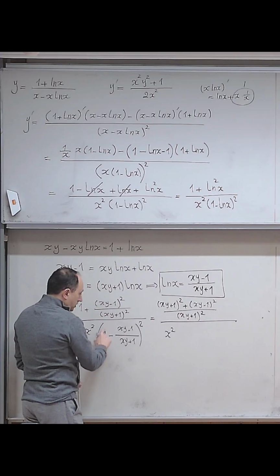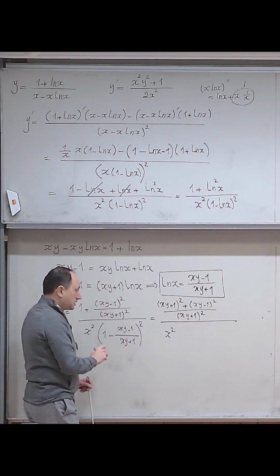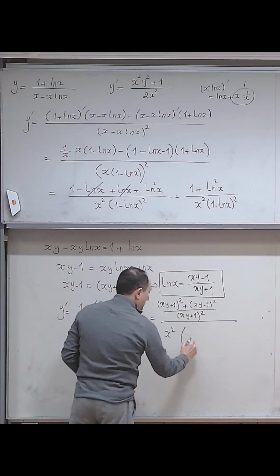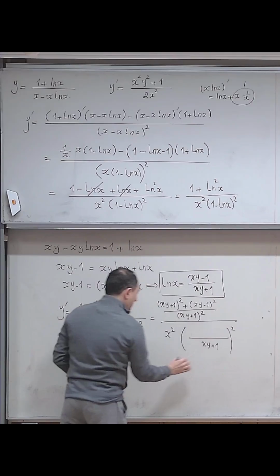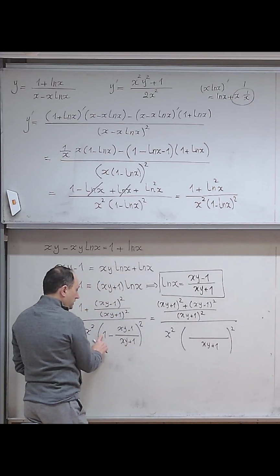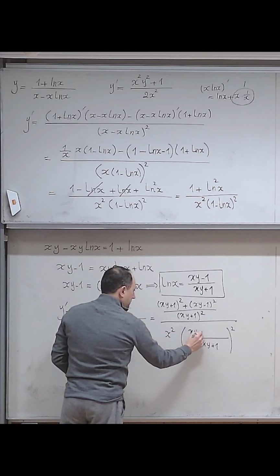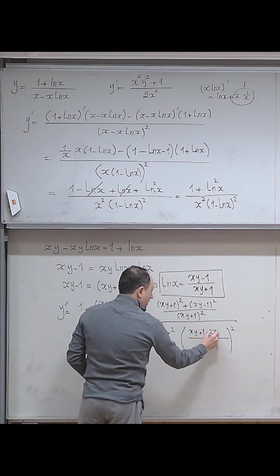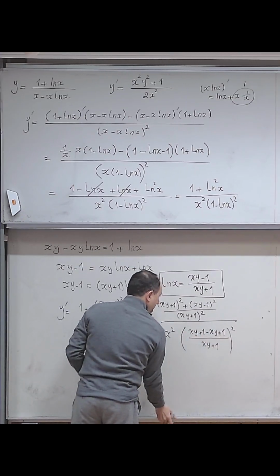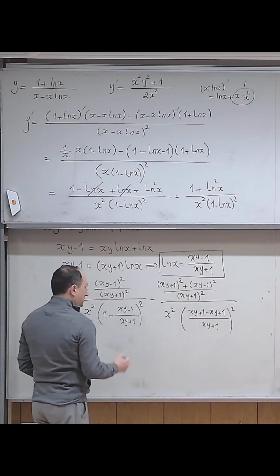I have to take the common denominator within this second power, so this becomes xy plus 1 to the power of 2, and this xy plus 1 goes here, minus the numerator, but the minus sign goes here and there, so it becomes minus xy plus 1. And more or less we are done, yes?